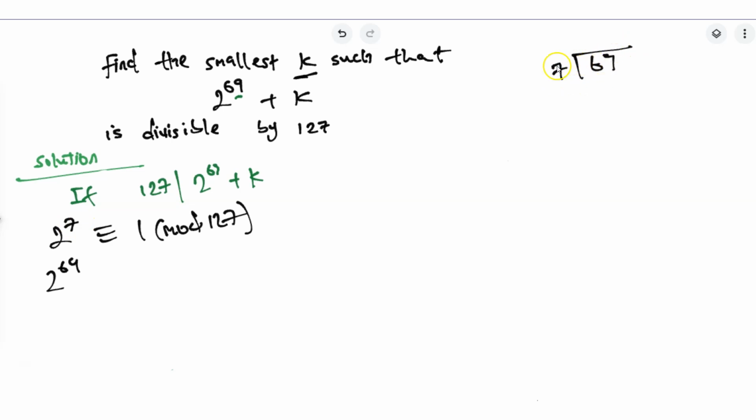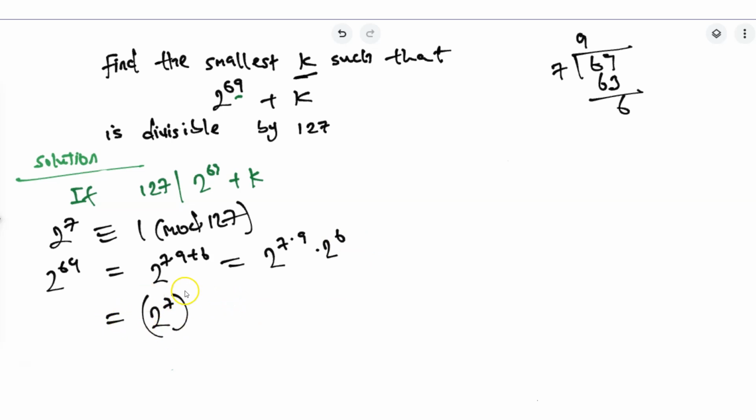So how many times does 7 go into 69? Well, that should be 9 times, because 9 times 7 is 63, then the remainder will be 6. That means this will be 9 times remainder 6. So 2 to the power of 69 would be 2 to the power of 7 times 9 plus 6, which is the same thing as 2 to the power of 7 multiplied by 9 times 2 to the power of 6, or 2 to the power of 7 all to the power of 9 times 2 to the power of 6.